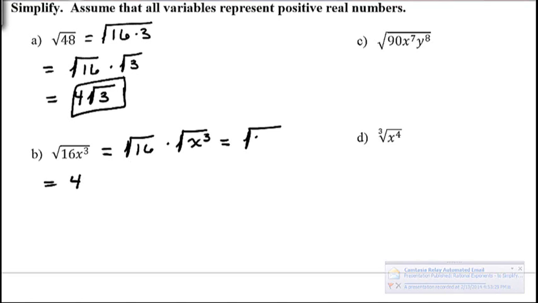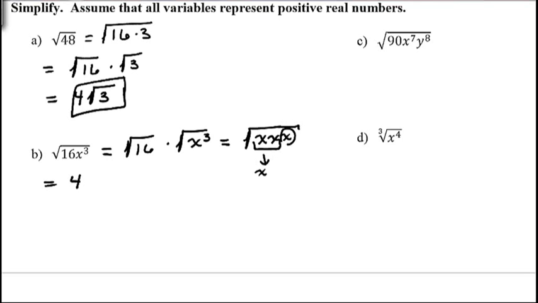One way would be to think of it as x being multiplied by itself 3 times, and for every 2 that are underneath your square root, you can pull 1 out in front. And then that would leave this x remaining underneath your square root. The other way to do that would be to take your index, which is 2, the square root, so it's a 2, and divide that into 3.